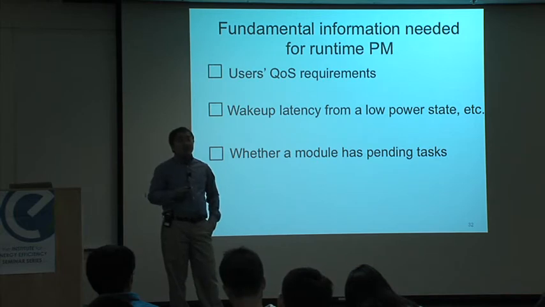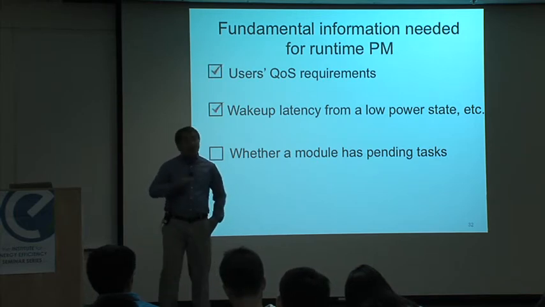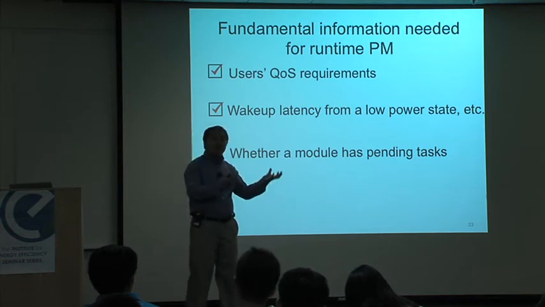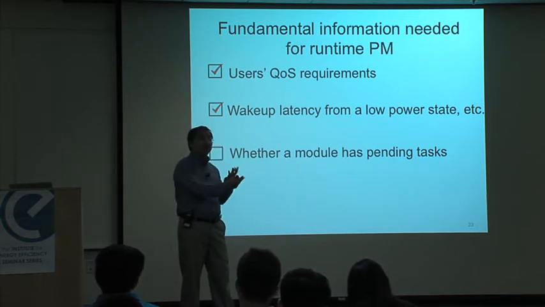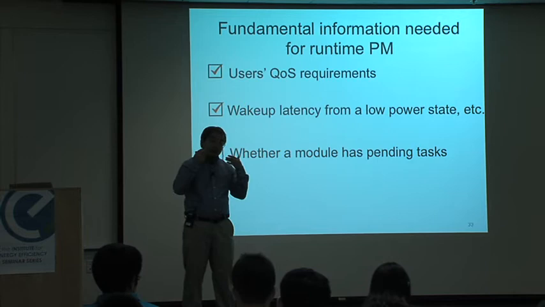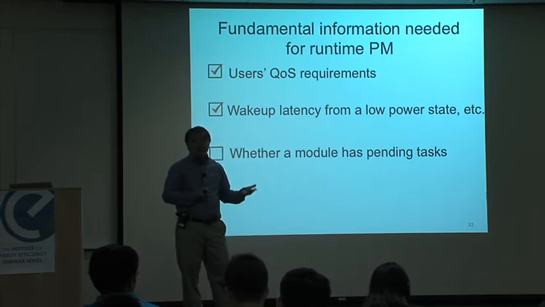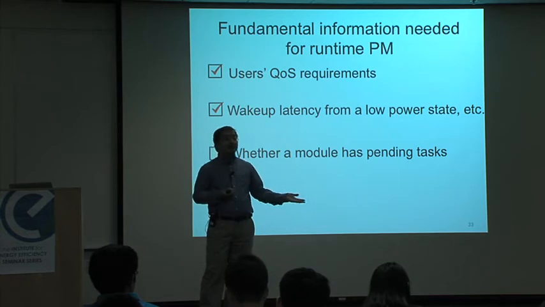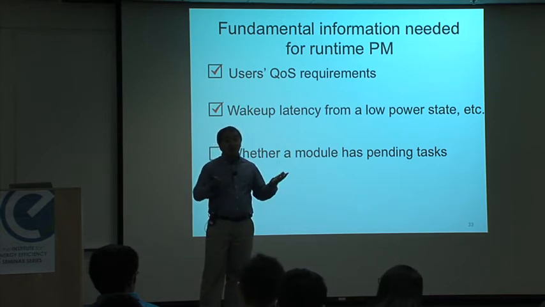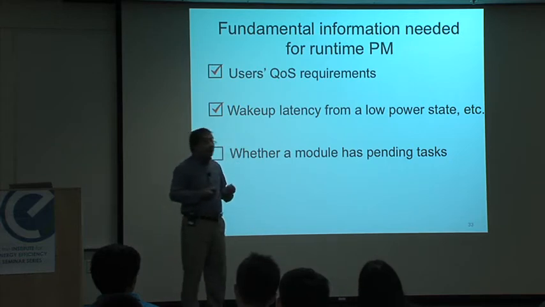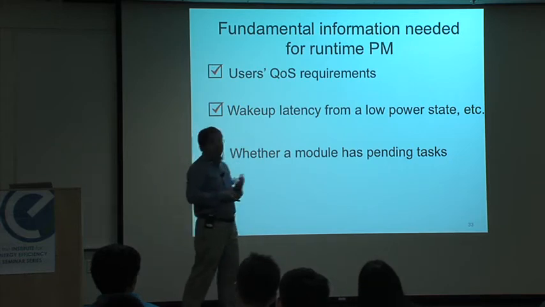Of these three pieces of information, the first two you can get. The first one comes from the user, from the Linux PM QoS framework. The user program will have an API to call to tell you the latency tolerance. The second one you can get from the datasheet. Your driver developer will know that. That's a fact from the datasheet. Number three is really the tricky one, right? Whether a module has pending tasks.